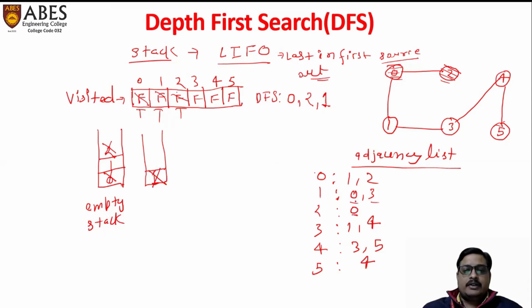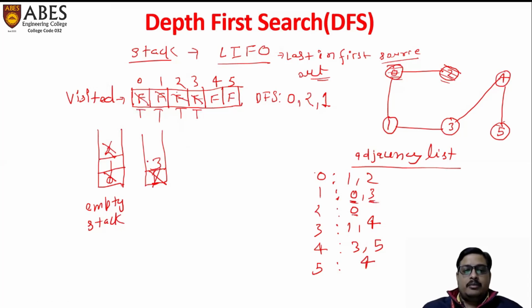So adjacent vertex of 1 is 0 and 3. So we'll push all non-visited vertices of the adjacency list. So 0 is already visited, so we'll not add. 3 is non-visited, so we'll push 3 onto the stack and make the status of this 3 as true.